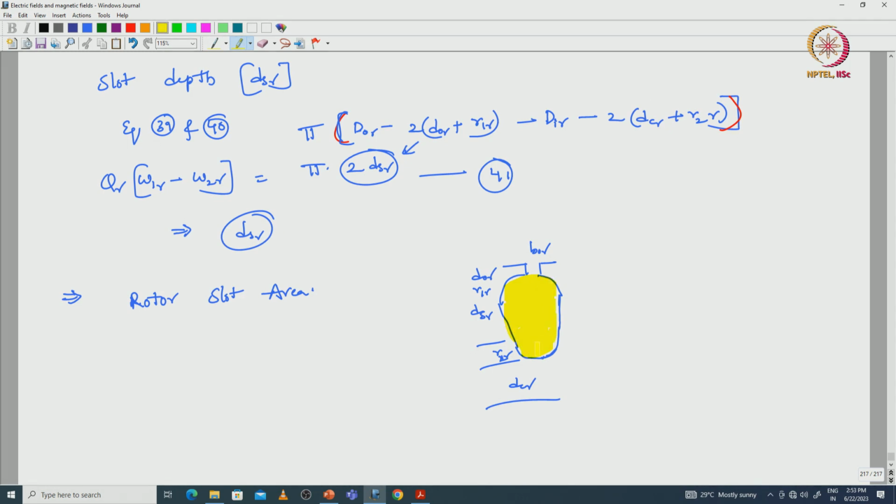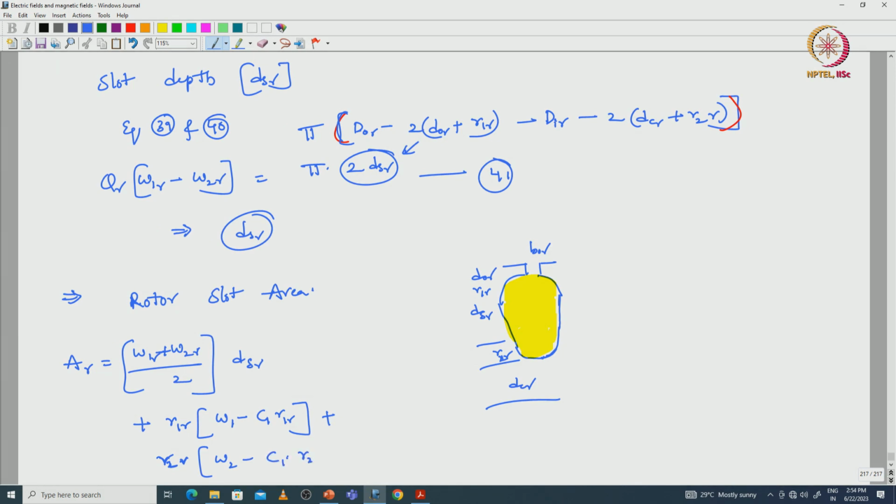Similar to the stator side slot area equation, we can calculate the rotor slot area, that is AR is equal to W1R plus W2R by 2 into slot height, that is DSR, plus R1R into W1 minus C1 into R1R plus R2R into W2 minus C1 into R2R.